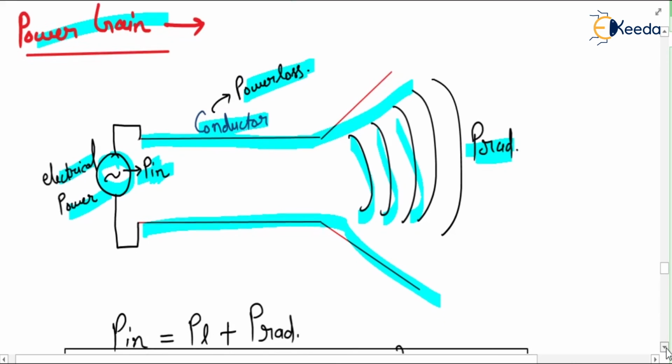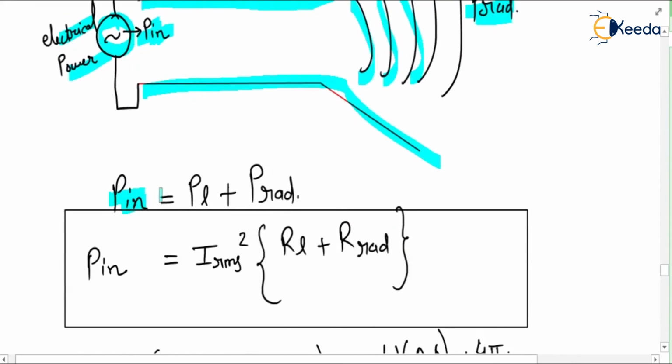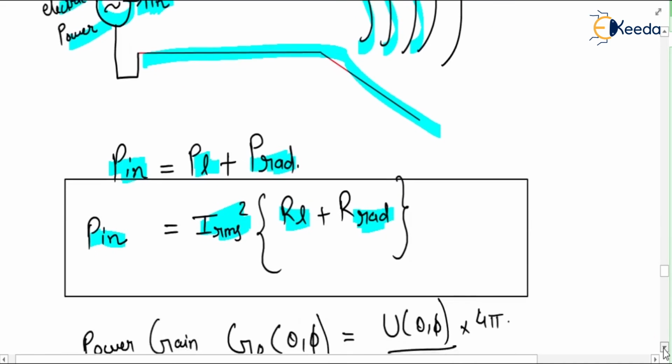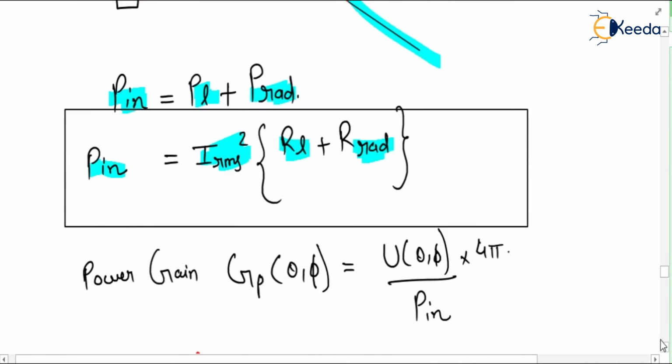So the total input power is lost power plus radiated power. So P in is equal to I RMS square into RL plus R radiation, that is, loss resistance plus radiation resistance. So power gain, represented by GP(theta, phi), is U(theta, phi) divided by P in into 4 pi.